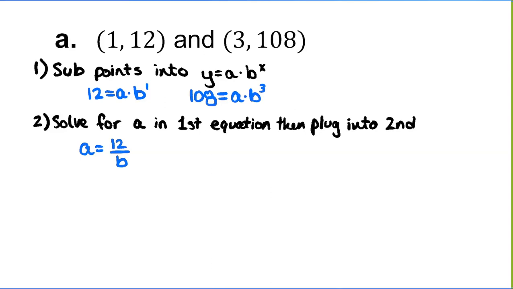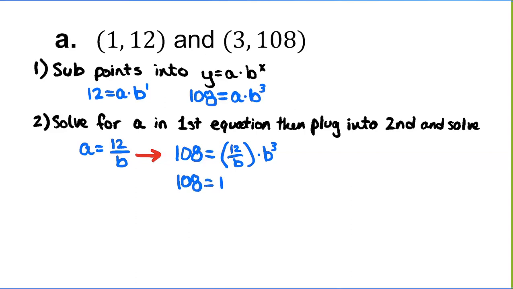We'll take that and plug it into 108 equals, but instead of a, we have 12 over b times b to the third. So now we want to simplify and solve for b. When you simplify this, it's the same as 108 equals 12b to the third over b.